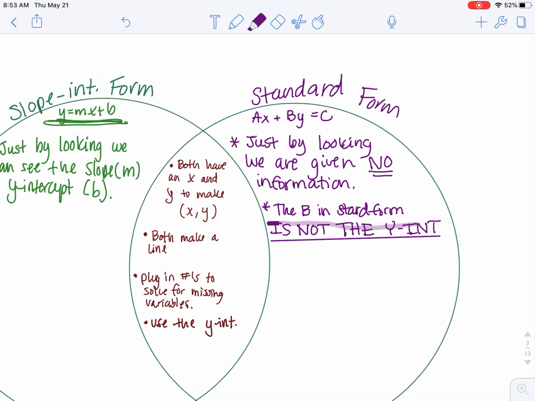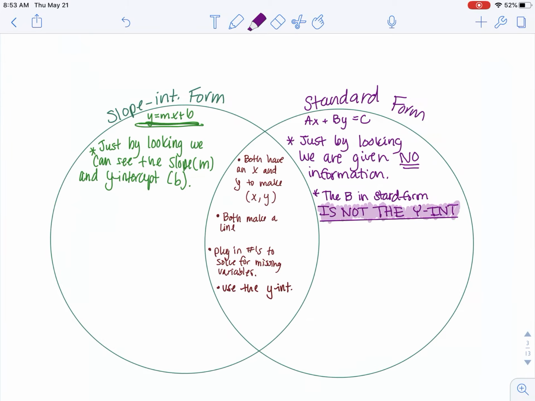I agree with you. Okay? But the B in standard form is not our y-intercept. It is just a random number. Okay? So just by looking, we're given no information, and the B in standard form is not the y-intercept.